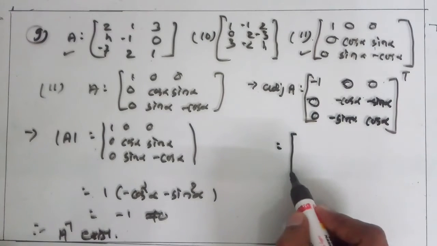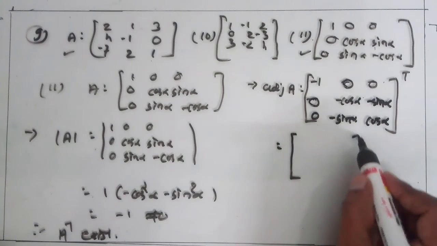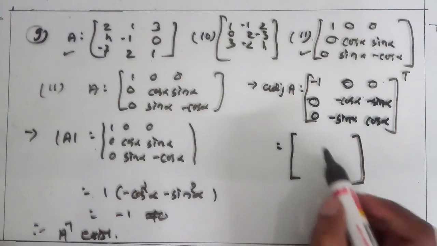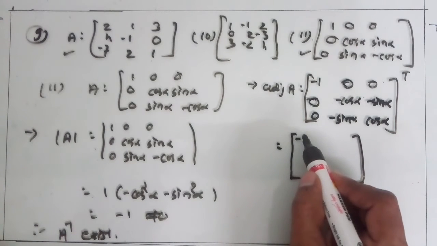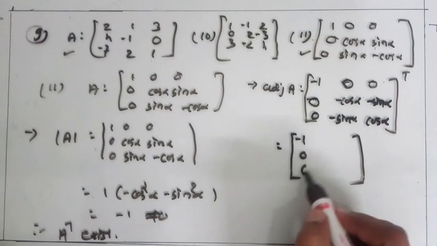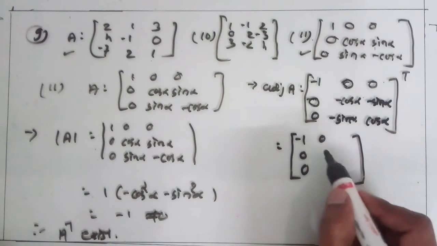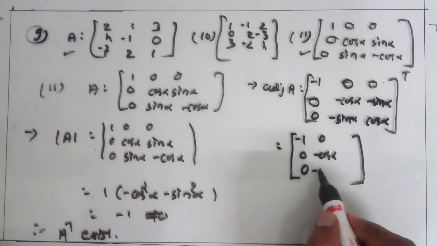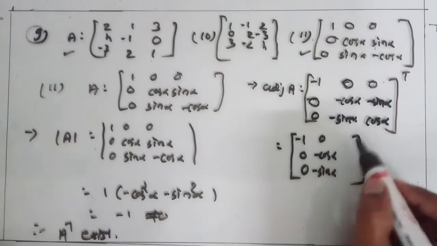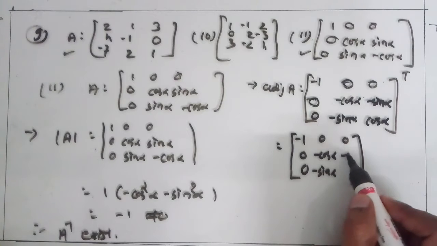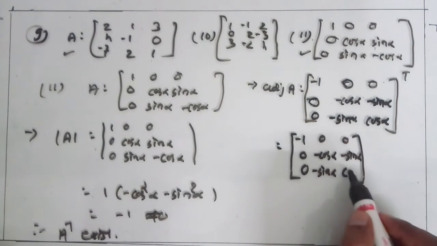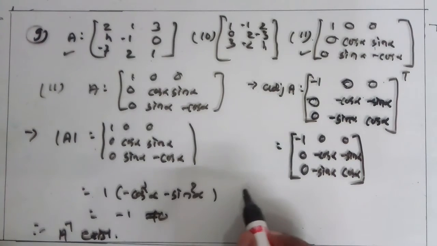So this is the matrix obtained by the cofactor of each element. Now get the transpose of this. First row becomes first column: minus 1, 0, 0, 0, minus cos alpha, minus sin alpha, clear, and 0, minus sin alpha, cos alpha. Now find A inverse.